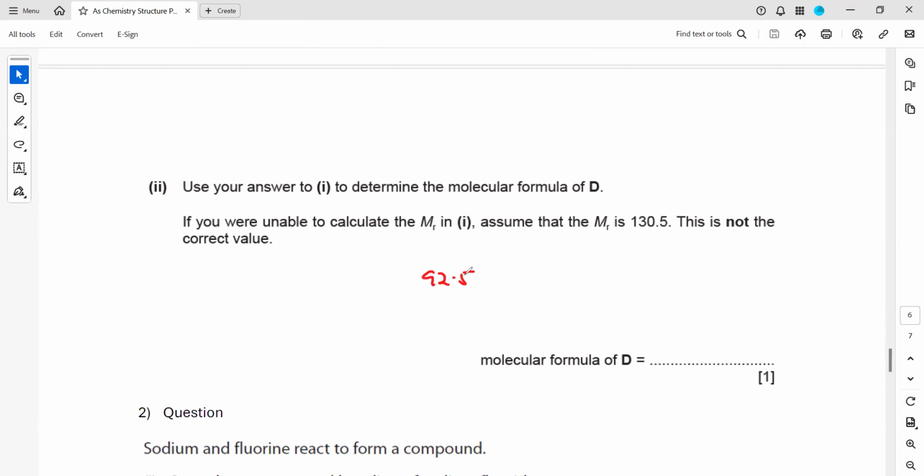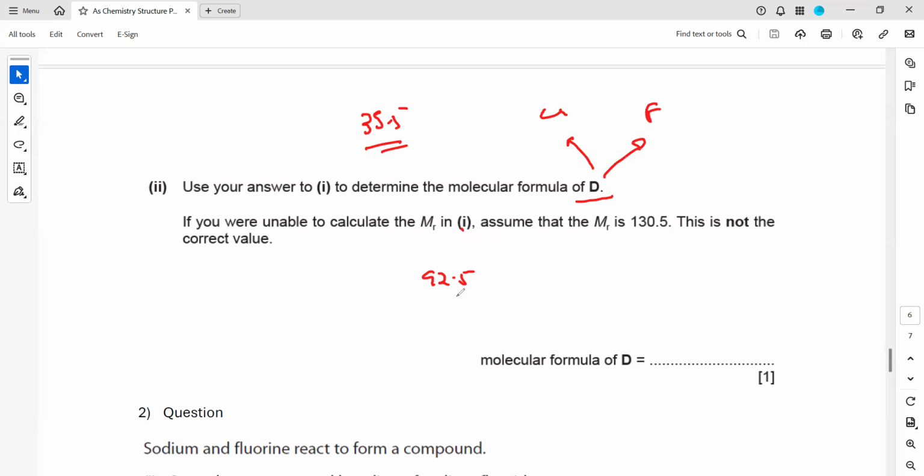If you remember, chlorine is there, which is 35.5. That is the average mass of the two isotopes of chlorine. This gives the idea that it contains chlorine, and they already specified that D contains chlorine and fluorine.